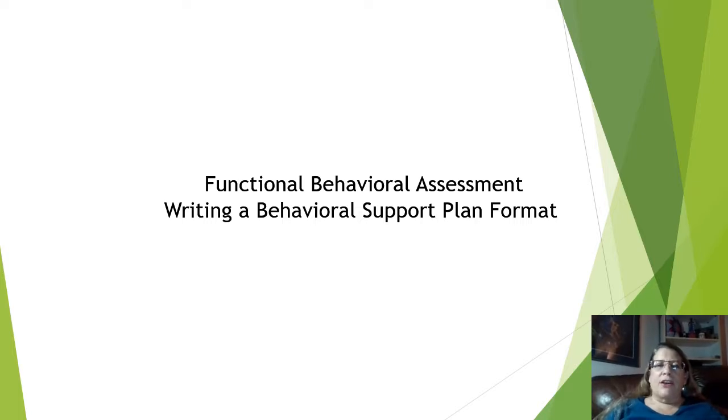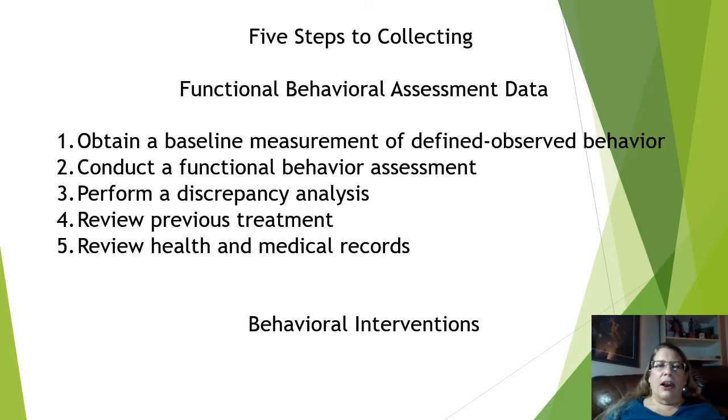Okay, so let's start off with the 5 steps for collecting your functional behavioral assessment data. Now we've already been through a lot of this, but I just want to reiterate that in your paper there should be 5 sections that go along with section 1, which is the functional behavioral assessment.